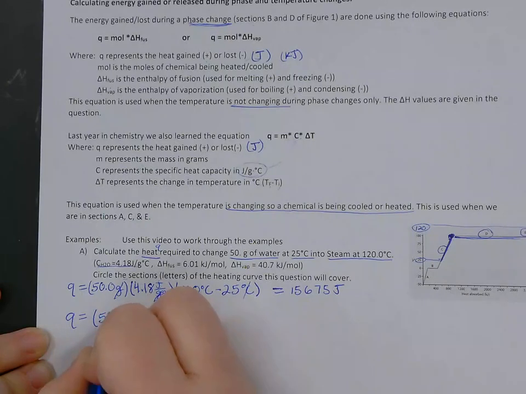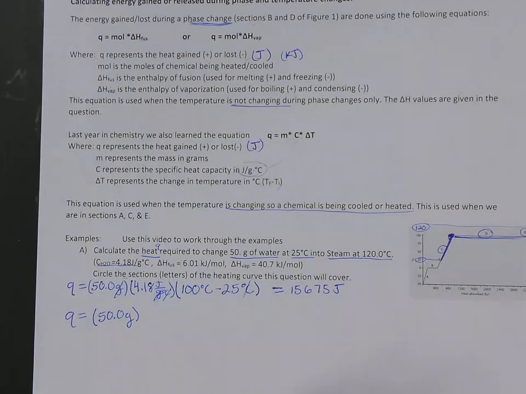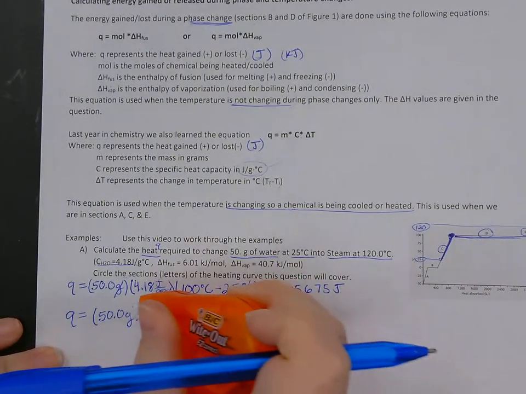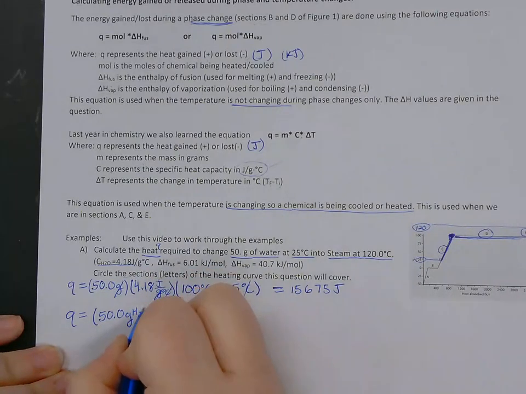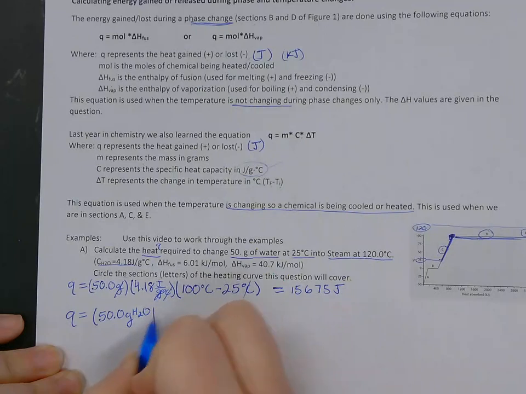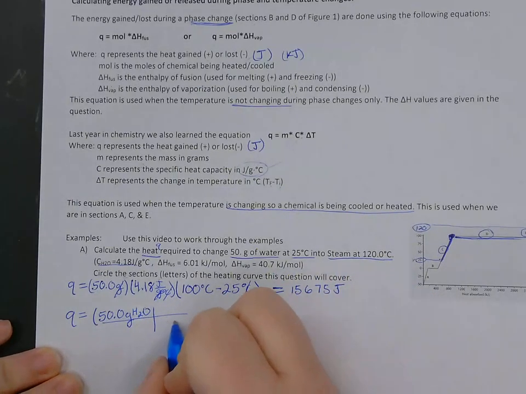Now we don't have moles, we have 50 grams, but we can change our grams into moles. So, actually I'm going to go ahead and remove that. So we have 50 grams of water. Now we know that we can divide, basically, our substance by its molar mass.